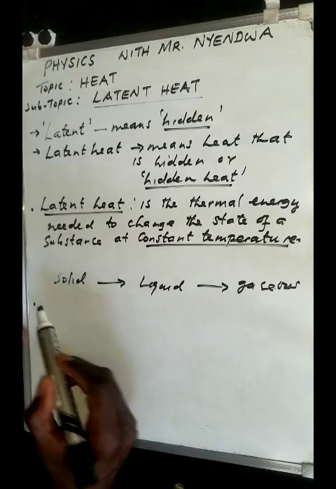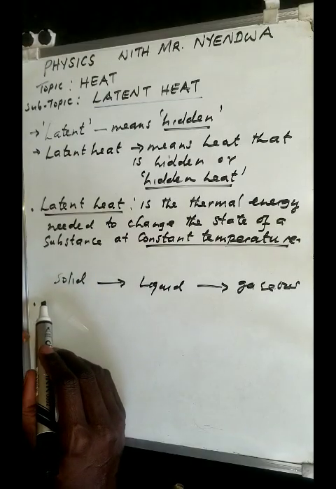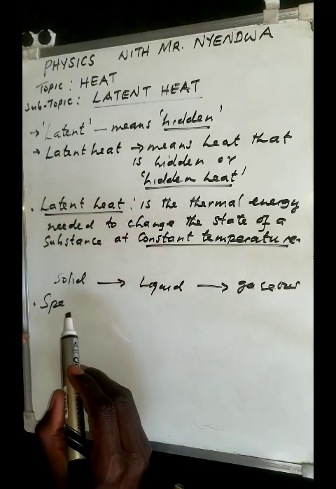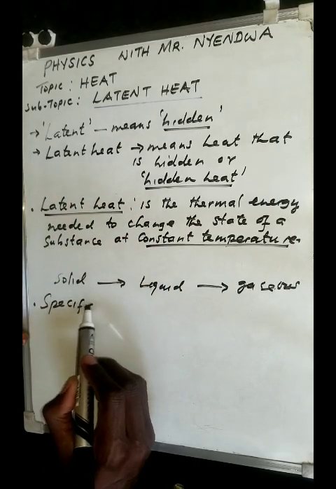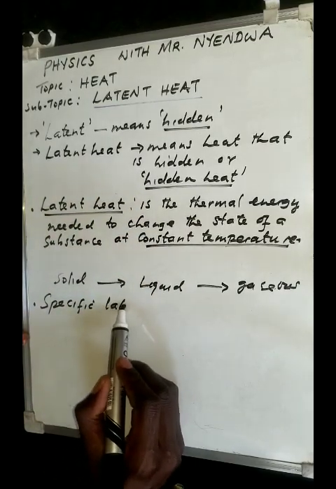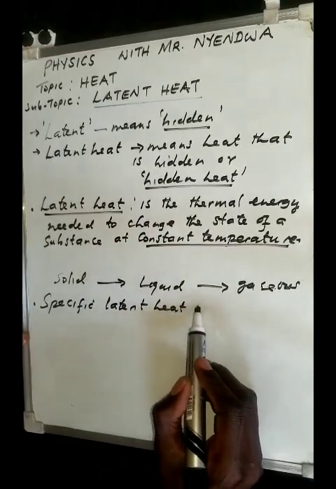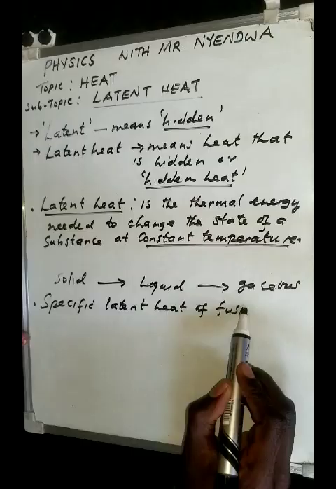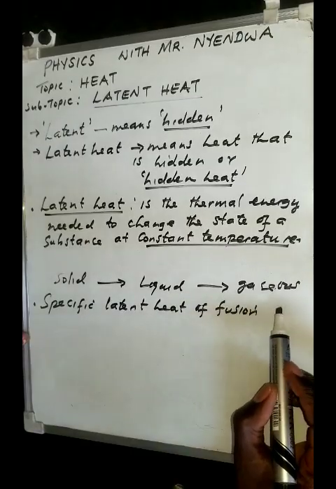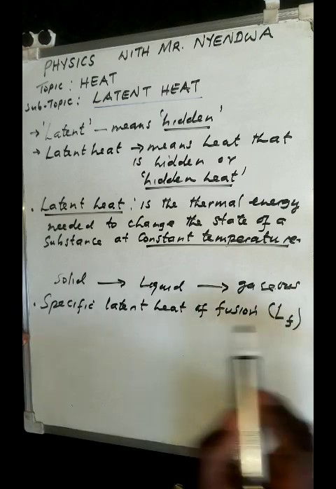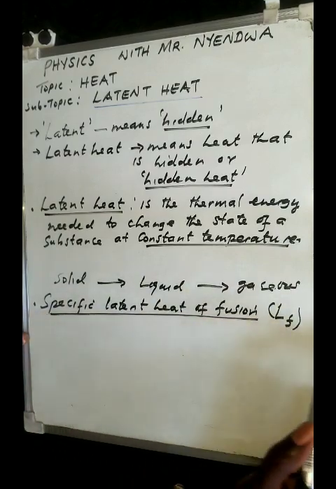Therefore, in the exam, you are going to find a word that we are going to be using with that latent heat. We are going to say specific latent heat of fusion, which we normally abbreviate as L and small f. So what is specific latent heat of fusion?